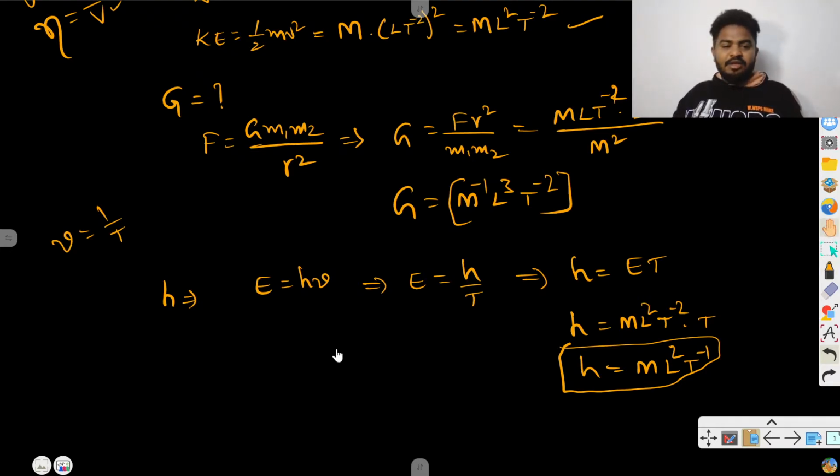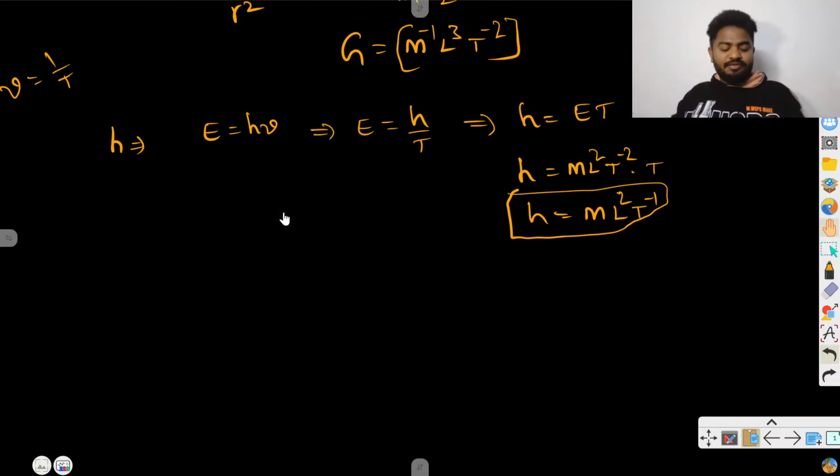Hope you are understanding. Like this, whatever dimension formula they give, you have to find it by using the main formulas. Now, coming to a second year question, they will ask you the dimensional formula for epsilon naught, the permittivity of a medium.